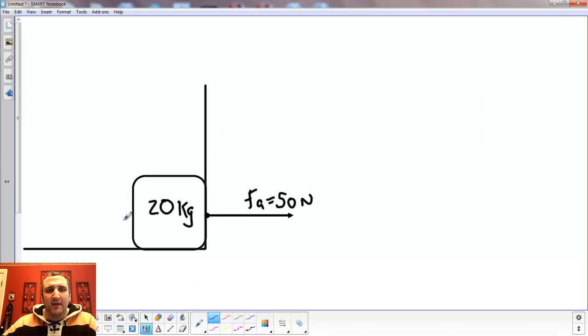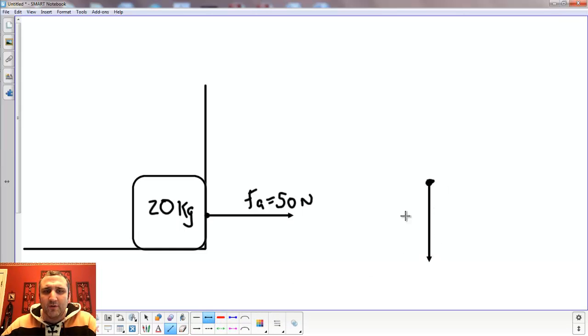Next, we've got a 20 kilogram book going into a corner. So here we have a wall and we have a floor. So we're going to have two normal forces, assuming that we need to. And I'll tell you what, you'll see what that means in the next one. But here's our free body diagram. Here's our dot. And I'm going to start getting a little better with my arrows here.